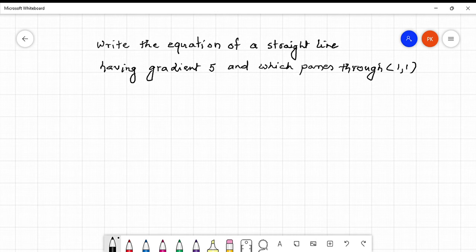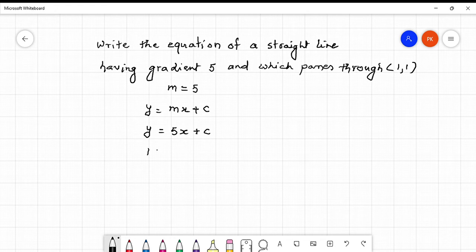The y-intercept is not given to you. Why? Because the point through which the line passes is (1, 1). It is not on the y-axis. So in this case, what will you do? Now here the gradient is 5 given to you. So first, write the equation in the form y is equal to mx plus c. Here m is 5, so y is equal to 5x plus c. Now, y is 1, x is 1, put it here.